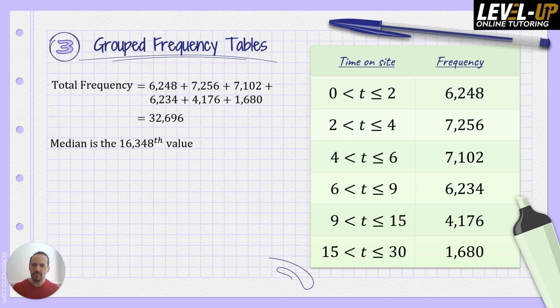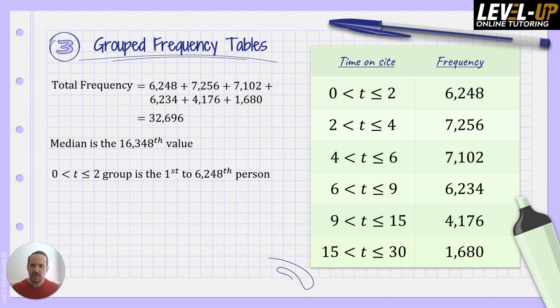It's a bit tricky here because we've got some bigger numbers, but we can deduce that the first category is going to be the first to the 6,248th person. So we're applying the same logic we did before. So that's the first 6,000 or so belongs to that first category.